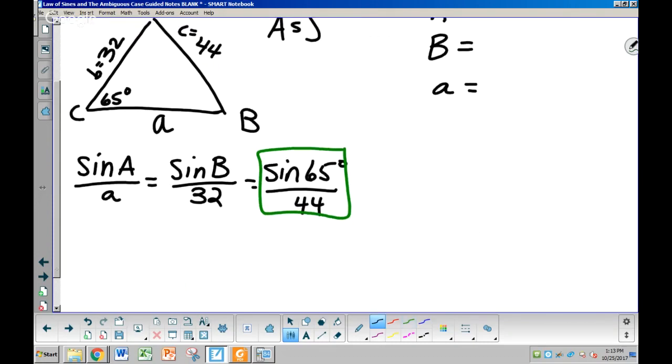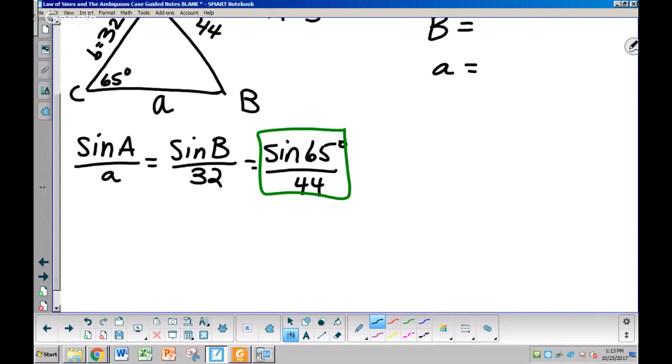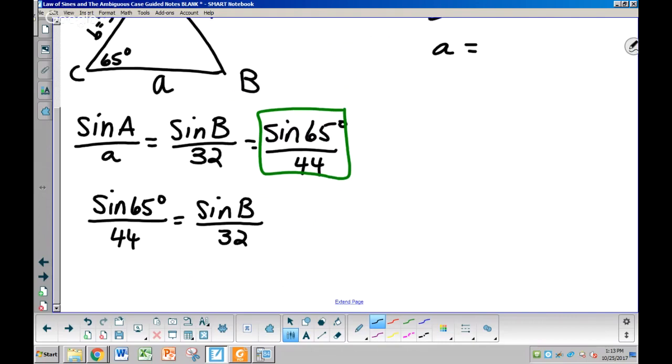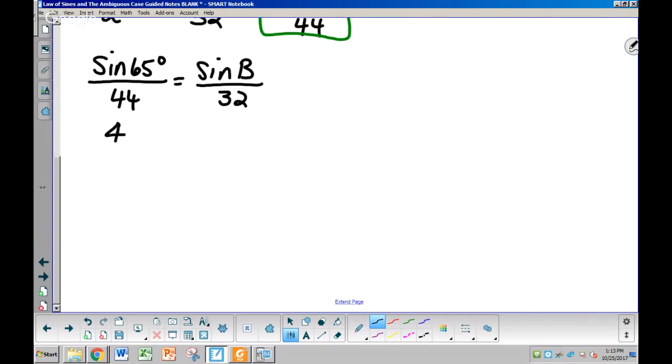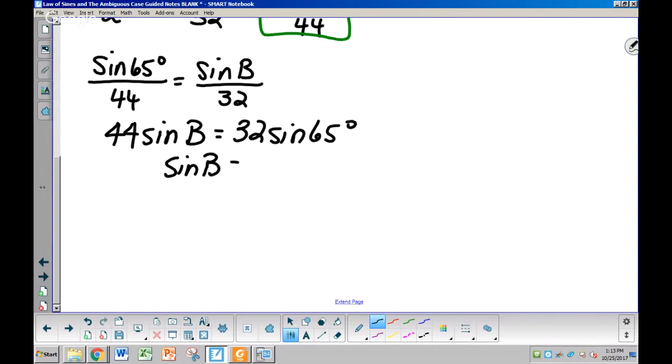And we're going to solve for what first? Sine of B, good. So we're going to say that the sine of 65 degrees over 44 equals the sine of B over 32. Cross multiplying, we're going to get 44 times the sine of B is equal to 32 times the sine of 65. Sine of B is equal to 32 sine of 65 degrees over 44.